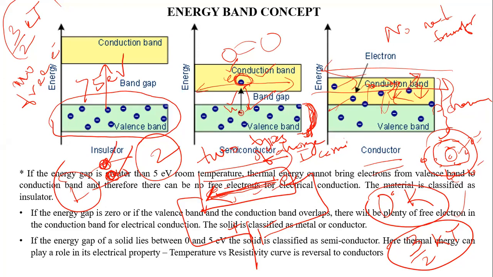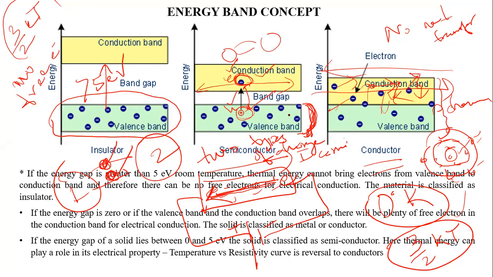However, this vacancy or hole in the valence band will also move, but the movement of the hole, or the electrical conduction due to this vacancy, will take place within the valence band.